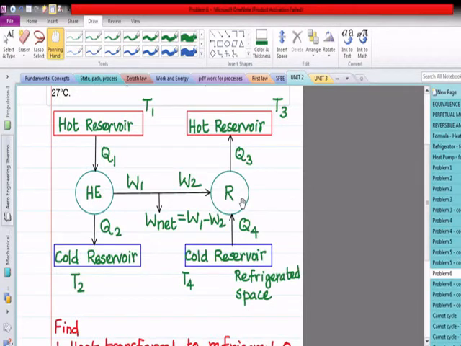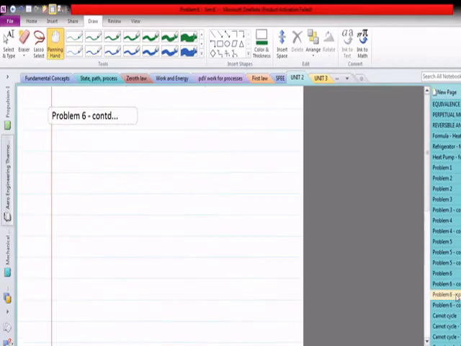So what can we do to find Q3 and Q4? Here I can find the COP of the refrigerator using the hot reservoir and cold reservoir temperatures. And then if I know the value of W2, I can find Q4, and then I can find Q3. So in the next step, I am going to find the COP of the refrigerator.